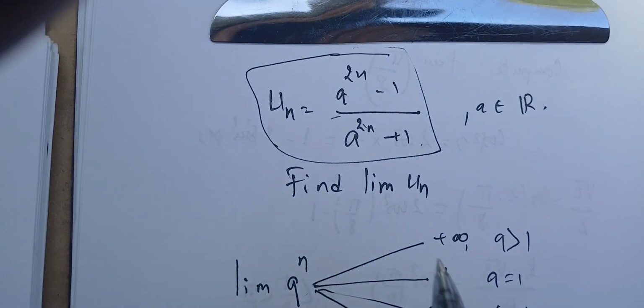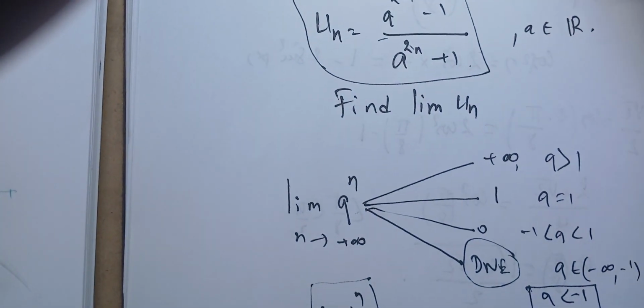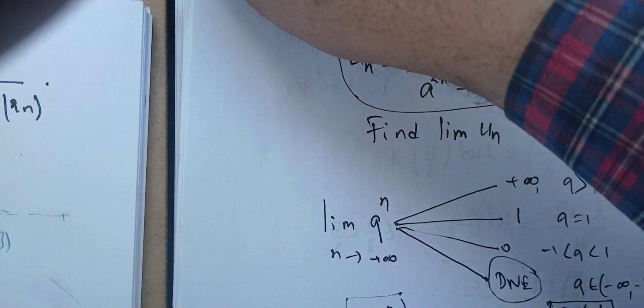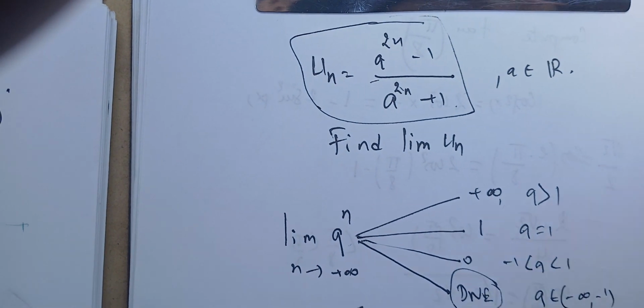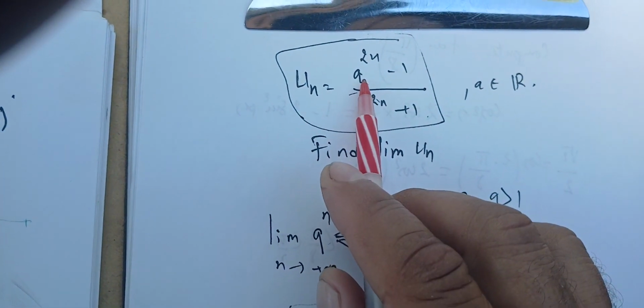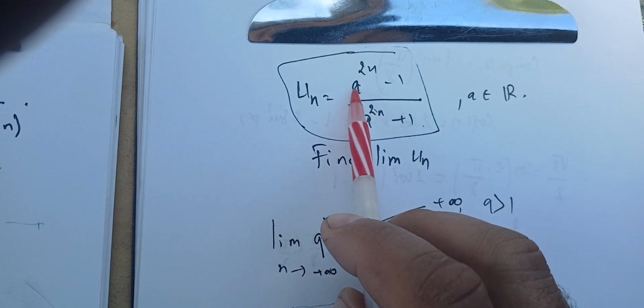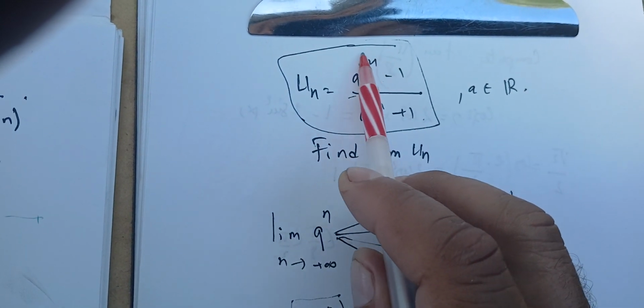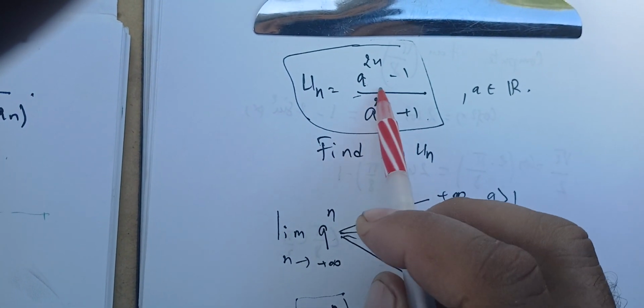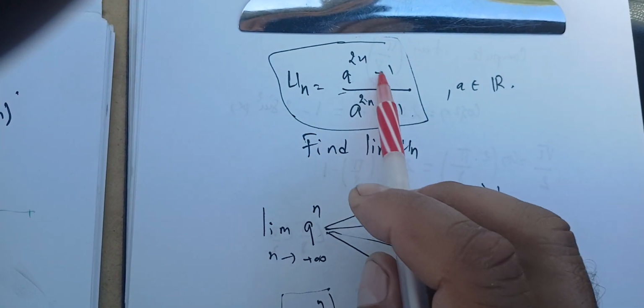So our aim is to find the limit of this sequence. We notice that we can let a equal 1, and therefore we get 0 over 1, so this is 0.